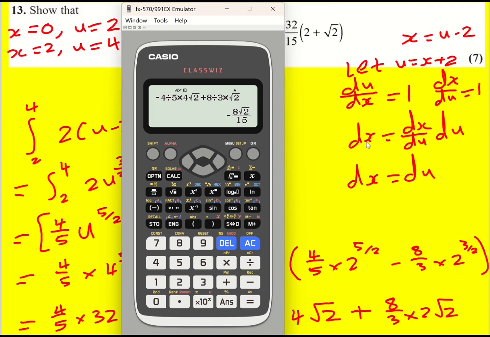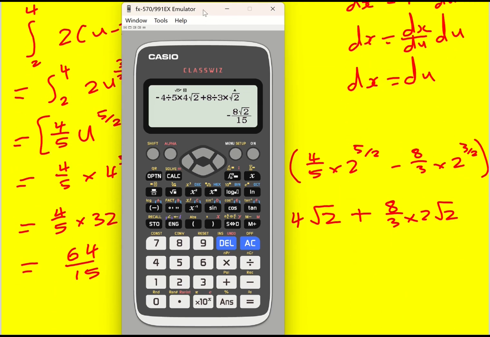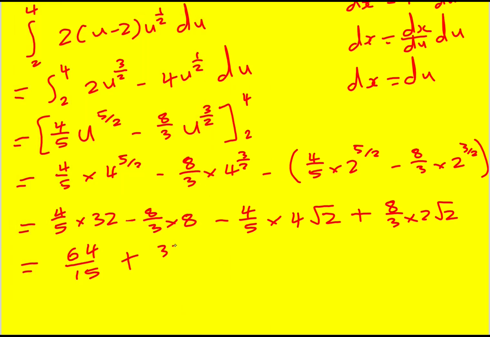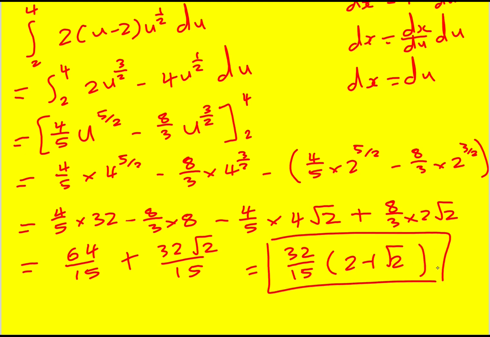I've made a mistake there somehow. Just double check it. Minus 4/5 times 4√2 plus 8/3 times 2√2. Okay, that's better. 32√2 over 15. And we can again factorize out that 32 over 15, leaving us 2 plus √2.